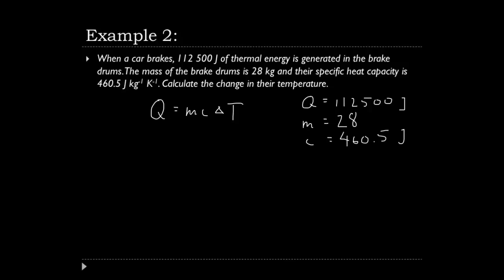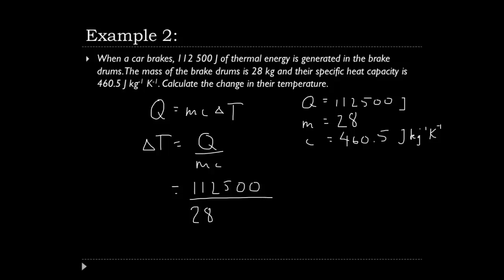joules per kilogram per Kelvin. And so we just rearrange this equation to get the change in temperature. Delta T is going to be equal to Q over mc, which is 112,500 divided by 28 times 460.5, which is equal to 8.72.